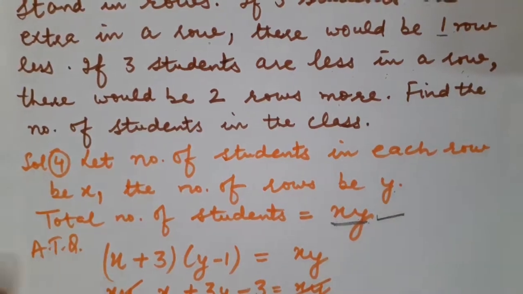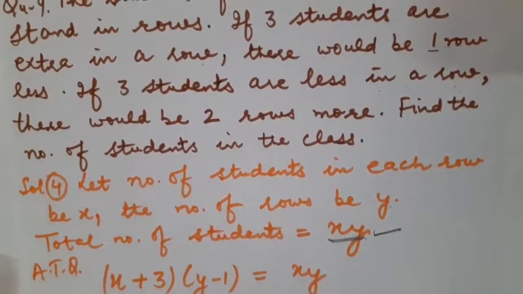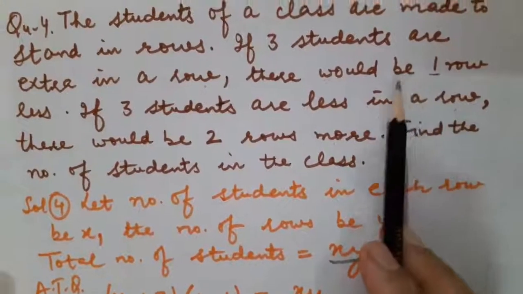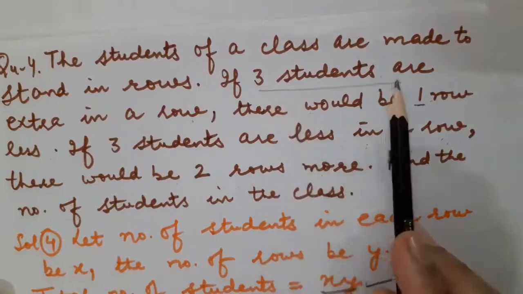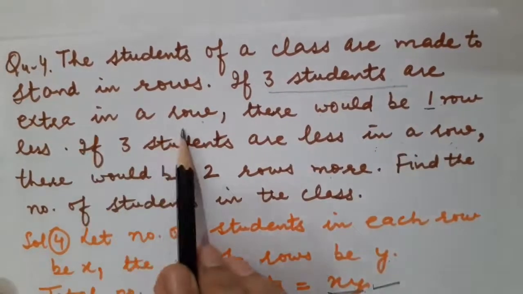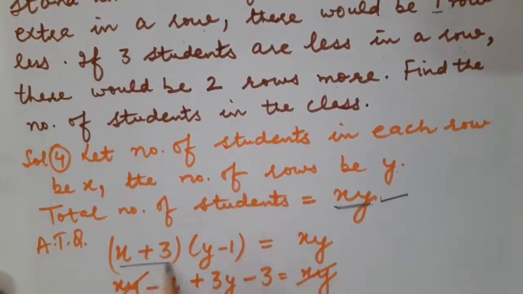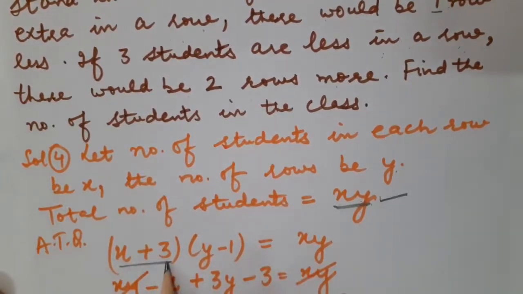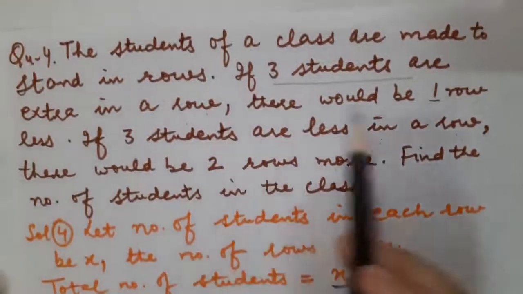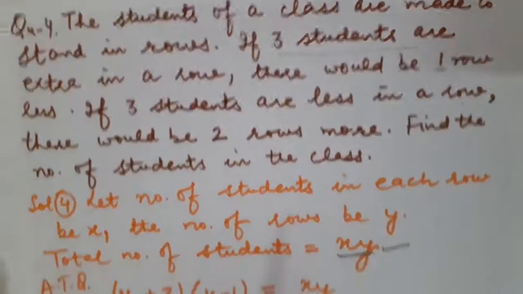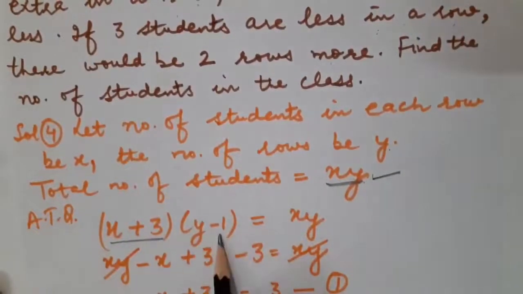That is xy. Now in case number 1, what is given? 3 students are extra in a row. Means if earlier the students were x, now 3 students are extra, so it would become x plus 3. Then 1 row will be reduced, that is y minus 1.